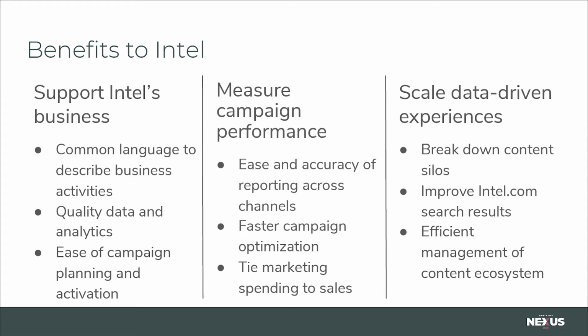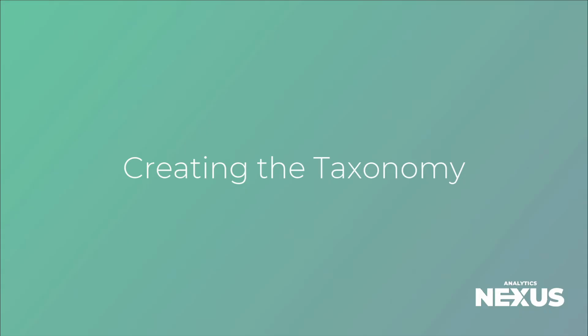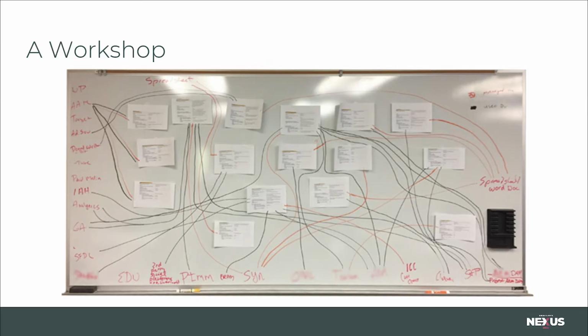Once we created the business case, our executive sponsor was on board and our project was funded, we began the process of defining this taxonomy. Creating an enterprise-level taxonomy at Intel scale, or any company as large as Intel, is a daunting endeavor.